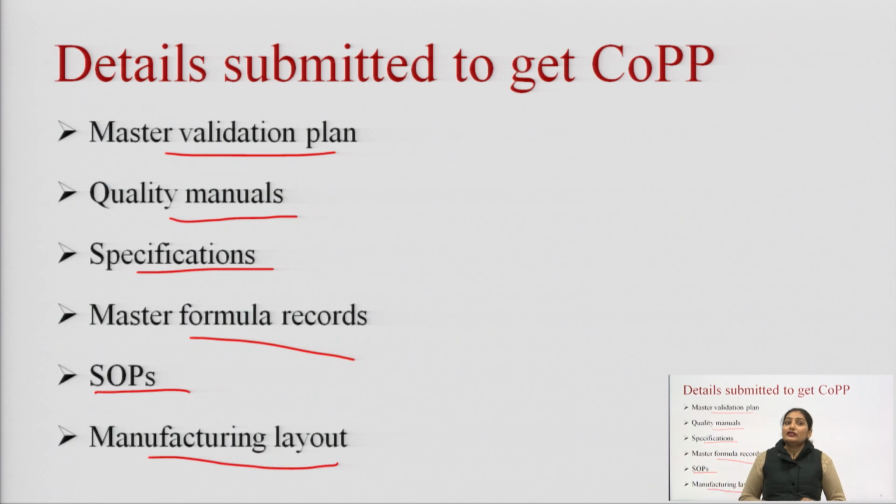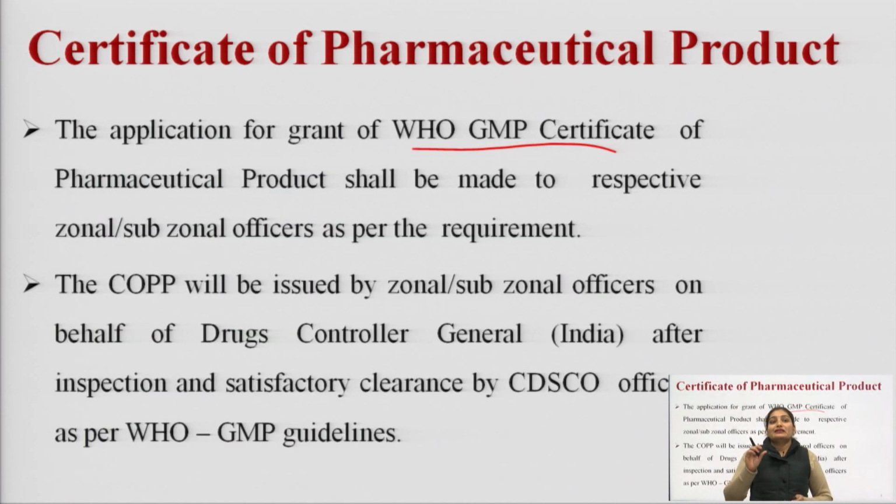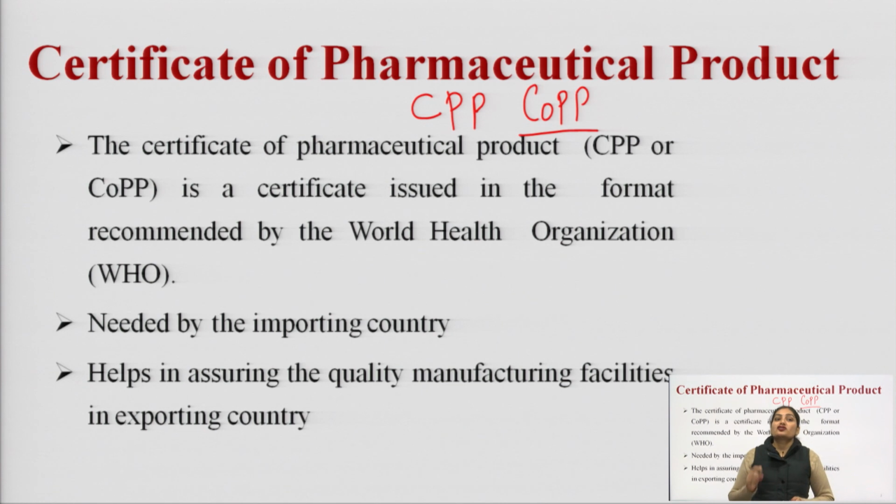So, what is COPP? COPP is a certificate that is required by the importing country when it lacks the proper quality assurance testing facilities. It helps the importing country get assured about the quality, safety and efficacy of the pharmaceutical product that the country is importing from the exporting country.